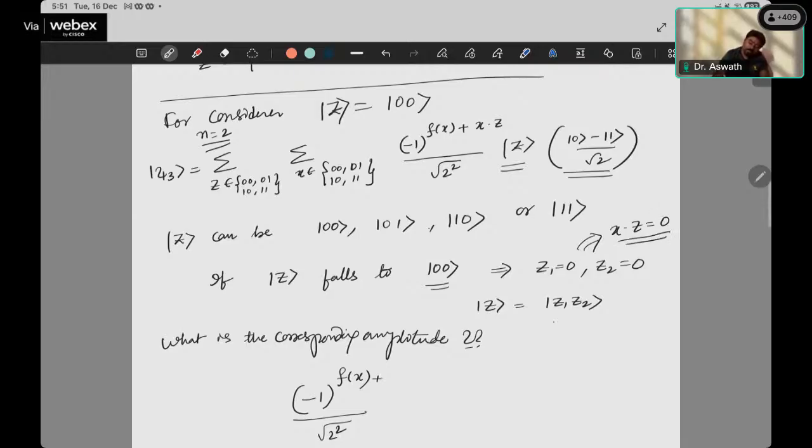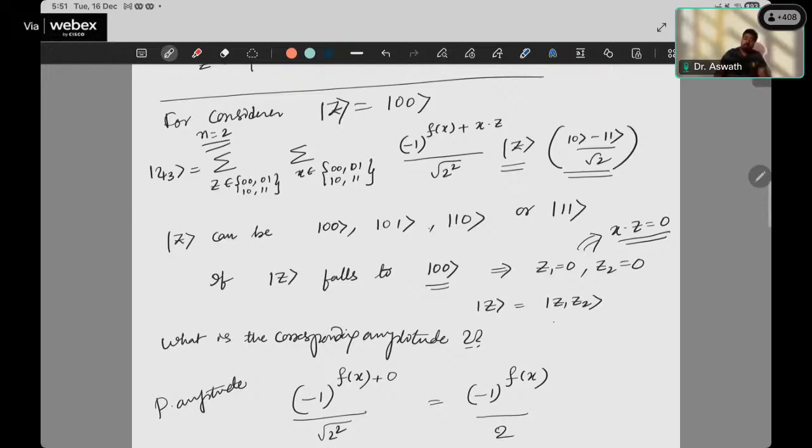So I just simply say 0. This is the probability amplitude, which is simply (-1)^(f(x)) divided by 2.